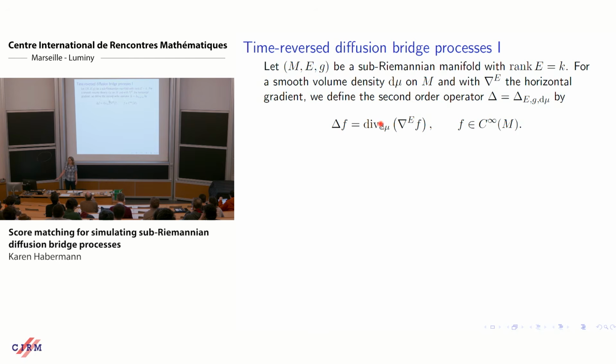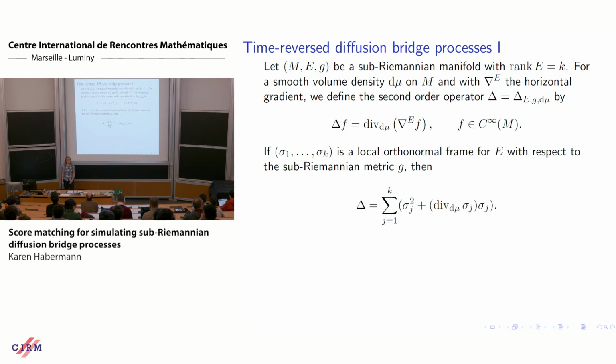Once we have our distribution, we can make sense of the horizontal gradient, and the moment we endow the entire space with a measure, we have the divergence available as well. Our sub-Laplacian is simply the divergence of the horizontal gradient. If you have an orthonormal frame, maybe local, available for your distribution, then you can write down an expression for the sub-Laplacian explicitly.